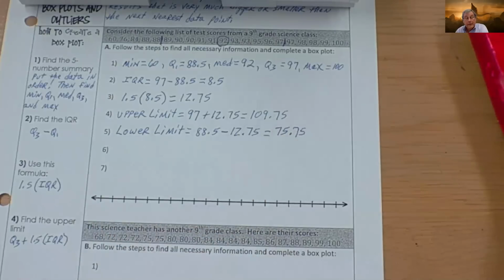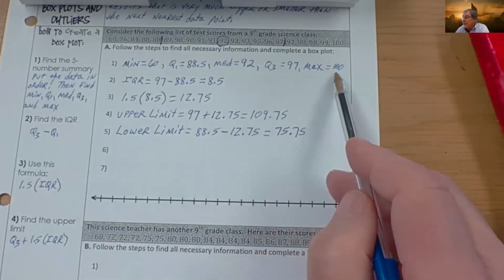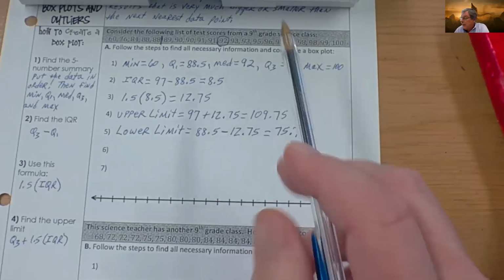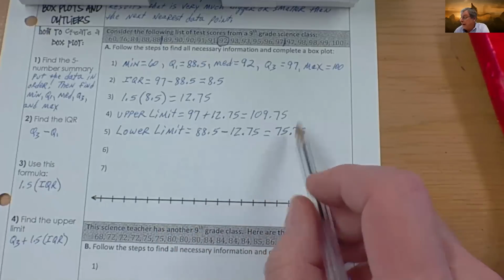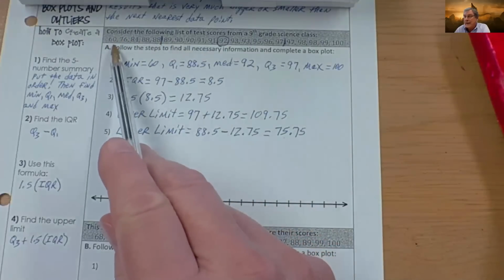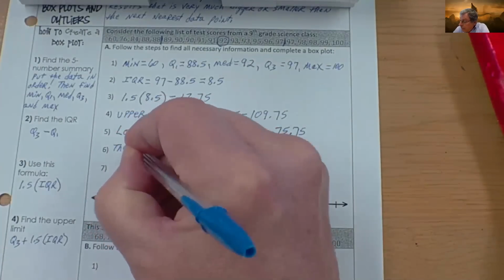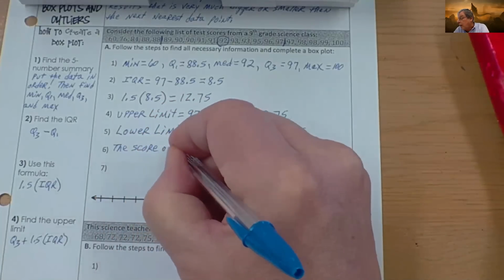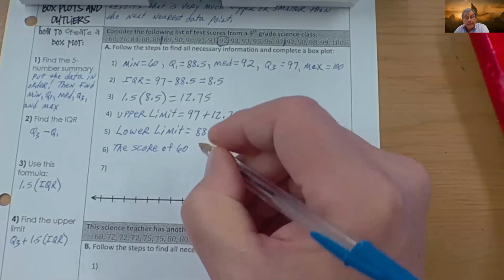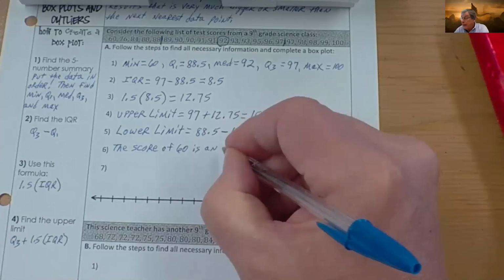Then it says check for any outliers. Anything above 109.75, our maximum number is 100. So there's nothing above. Or anything below the lower limit. The lower limit is 75.75, and our lowest number is 60. 60 is smaller than 75.75, so the score of 60 is an outlier.